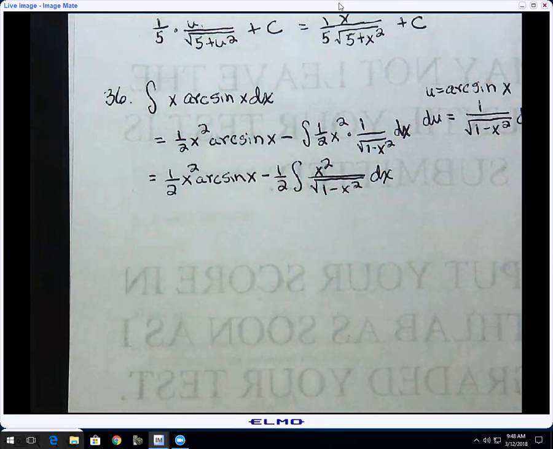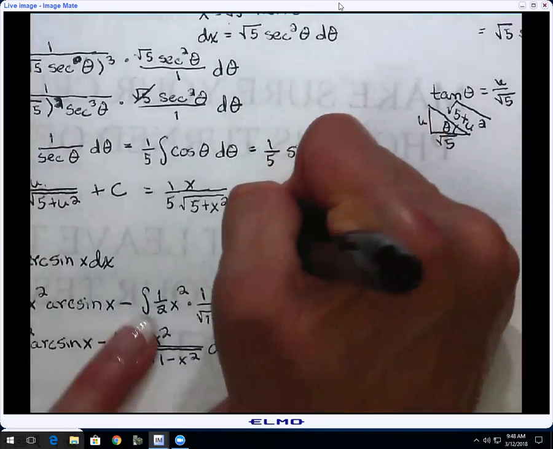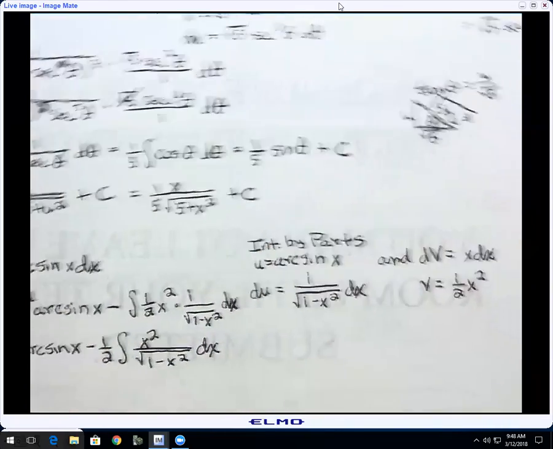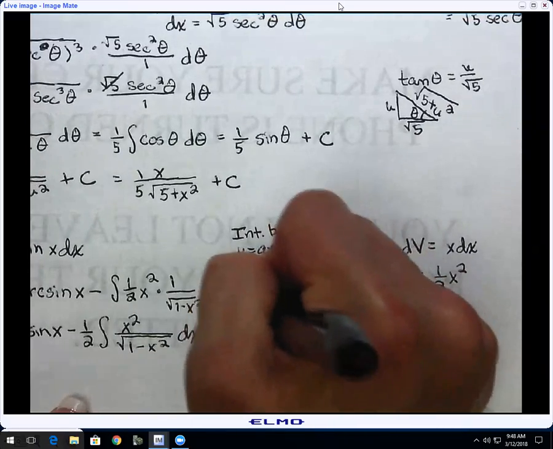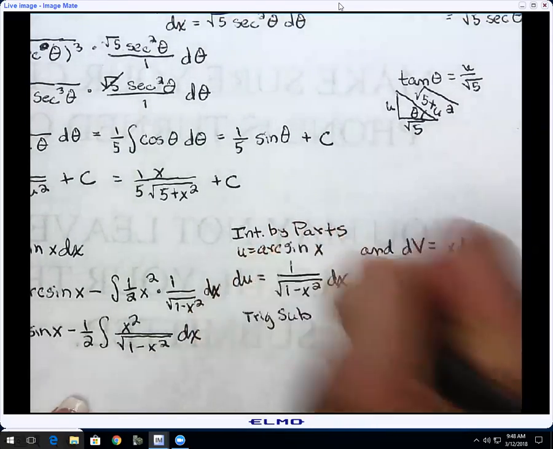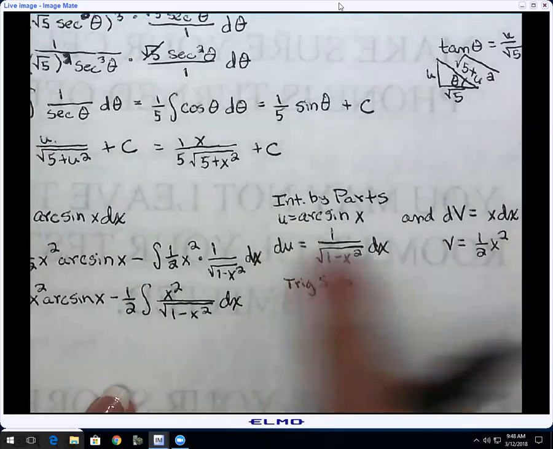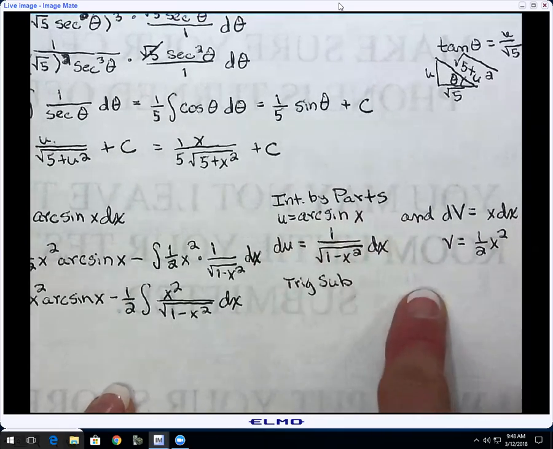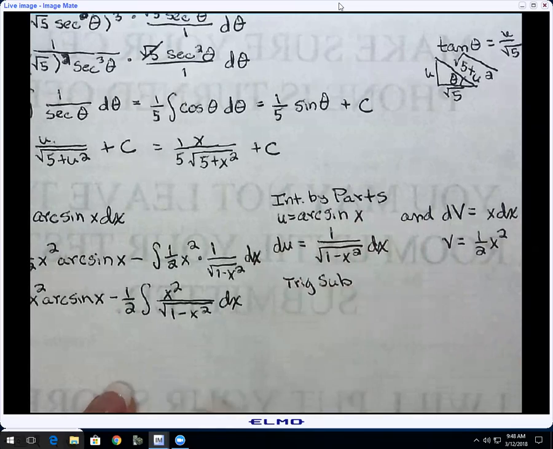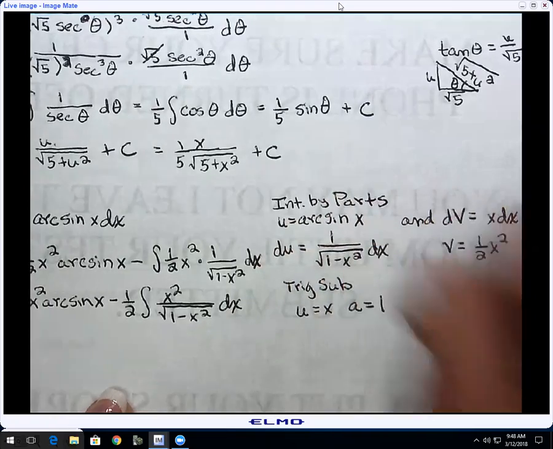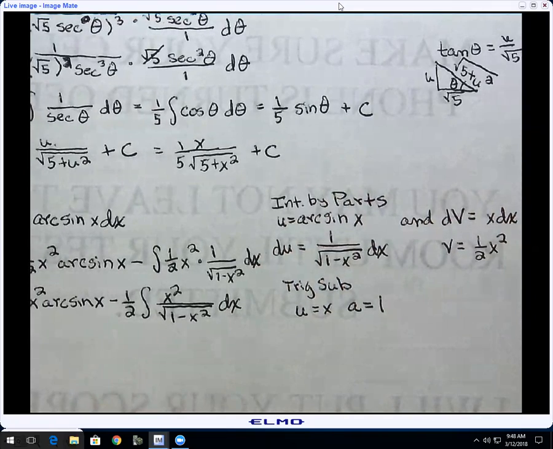All right. This is my work for integration by parts. And then here's my work for trig substitution. What's u? Entirely different from this u. We've moved on now. We got a different u for trig substitution. u is x, and a is 1. And then look at my triangles and say, where are my triangles?